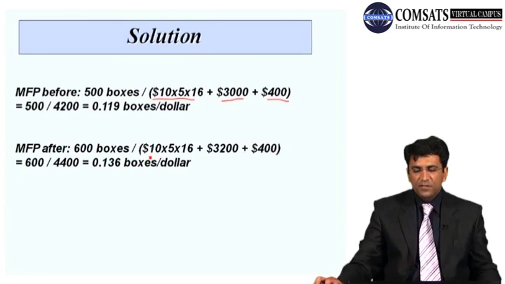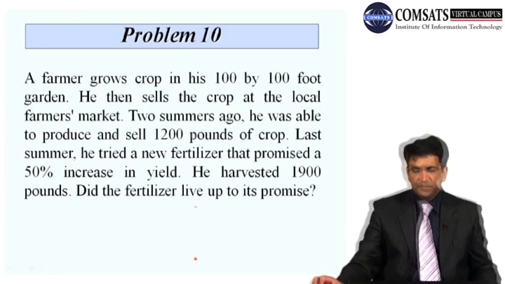The labor hours will remain same. Only the capital costs will increase in this case, that is now equal to $3,200. This cost will remain same. So again, if you divide 600 by this sum, it will be equal to 0.136 boxes per dollar. So this is our new productivity.